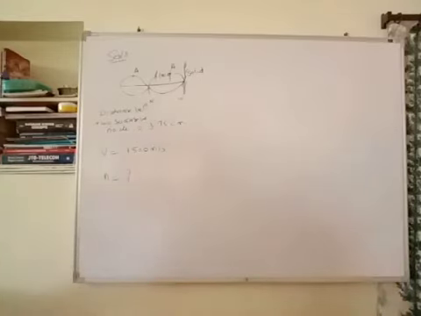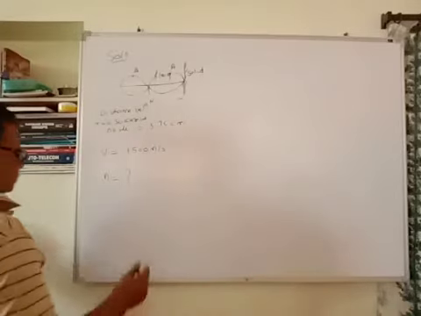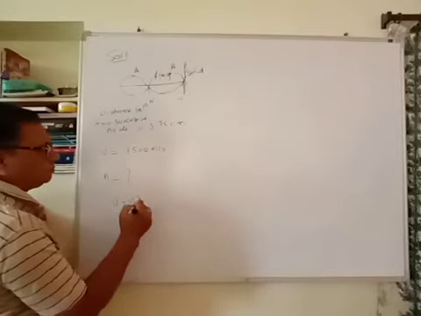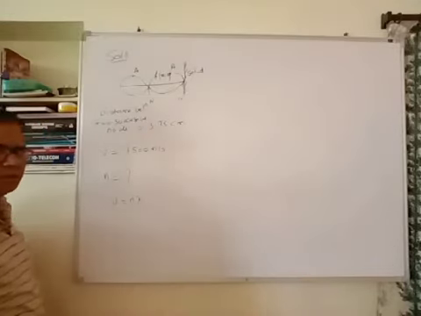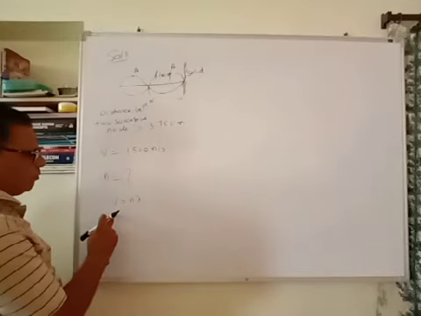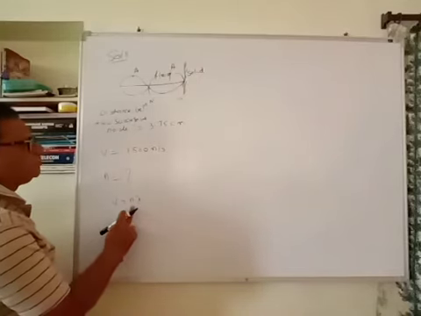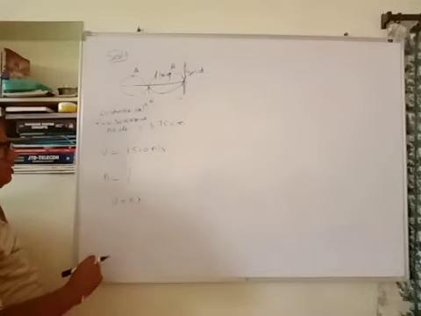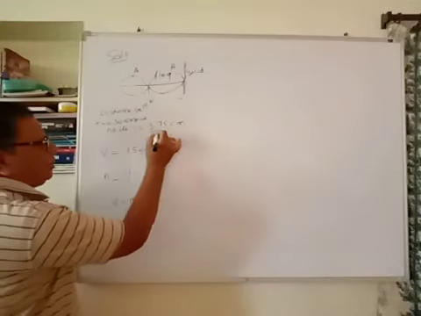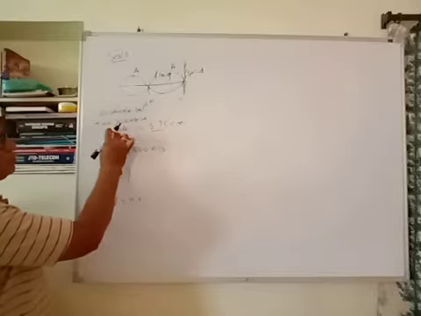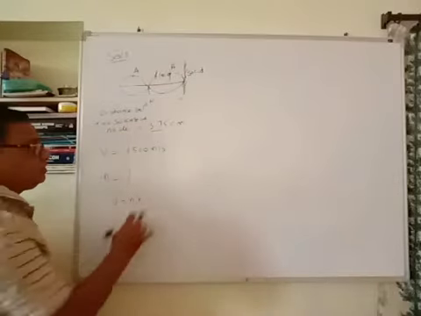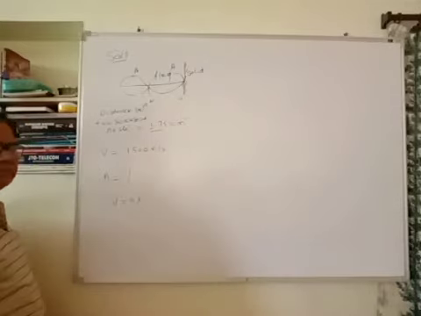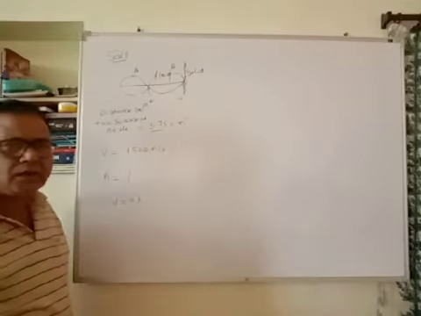So we know only one formula: V is equal to n lambda. From this formula we are able to determine the frequency, but for that we need lambda. He has not given lambda, but he has given the distance between two successive nodes, which is in centimeter, while the velocity is given in meter.